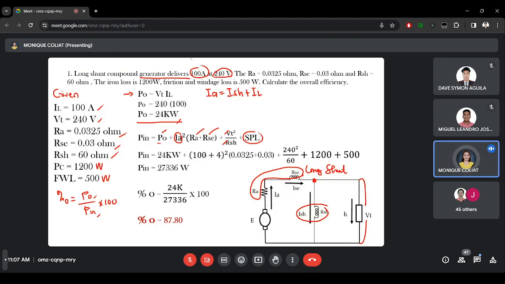SPL. Like I said earlier, SPL or mechanical losses is friction and windage loss plus PC or iron loss plus forward loss. So if only PC and friction and windage loss are given, then neglect this one. Just leave it if it's not there, okay? So just add PC and FWL. So that is your SPL.